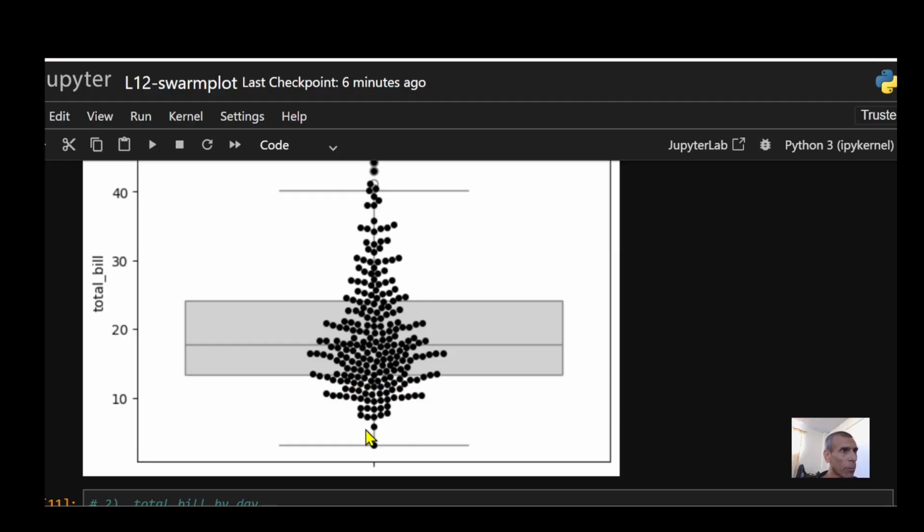That means these points right here are 25% of your total points. If you remember Q2, this is your Q2. That means 50% of your data lies below that. That means if you count the number of dots right here, they will be 50% of your total number of dots. And likewise, this is your 75%. So 75% of your data lies below this.